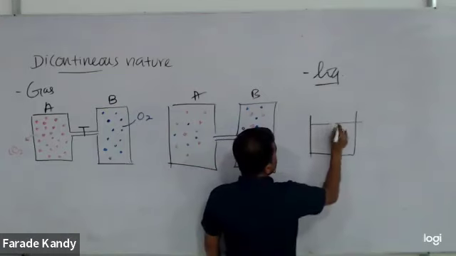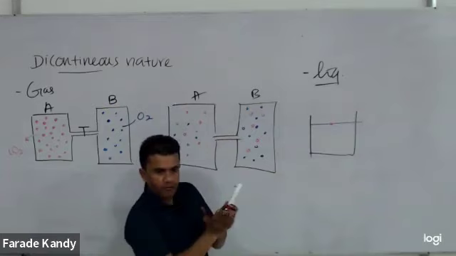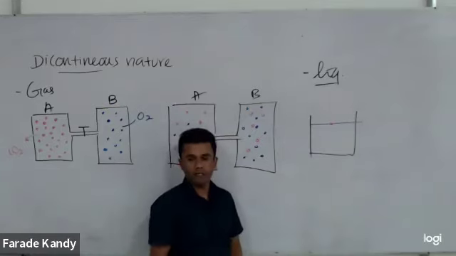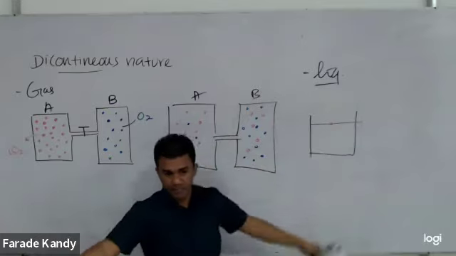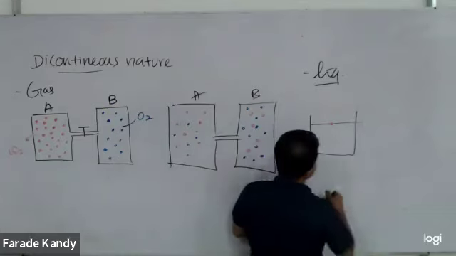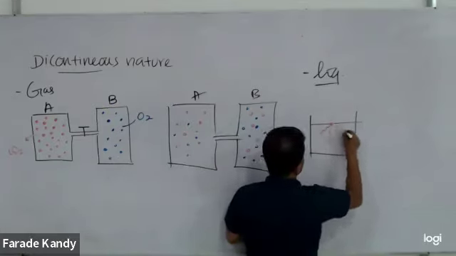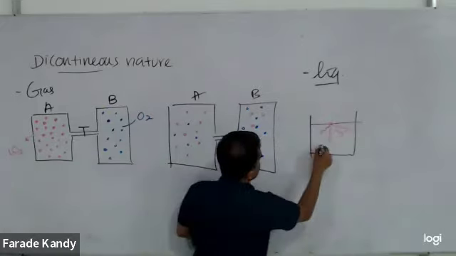If you add potassium permanganate particles somewhere here, that area will be purple. But after some time, if you check this water sample, the purple color has spread in the entire area. Why is that? Because purple particles, that means potassium permanganate particles, go through the empty spaces available in water.